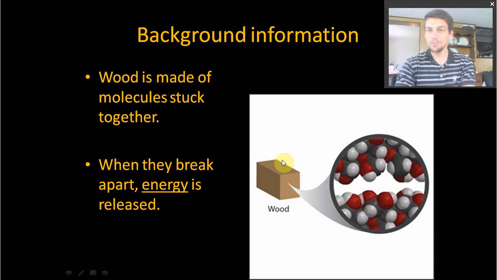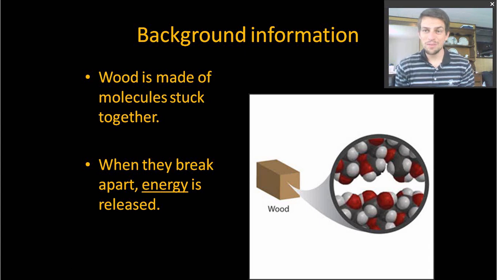So in this diagram here, I have a block of wood, and if we look at it under a super high-power microscope, if we were to have one of those, we could see that there's all these individual dots kind of stuck together, and those are the atoms and molecules that are making up the wood. Now, in molecules, and I just taught this to the fifth graders, so if you have siblings there, you can ask them about this. With molecules, when you have atoms stuck together, there's energy required to stick them together.